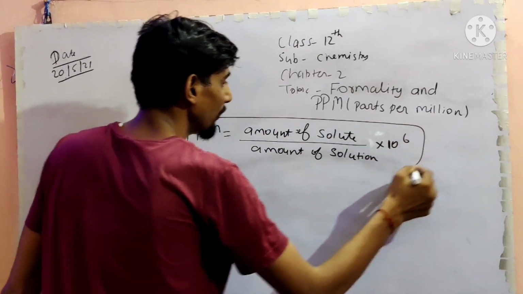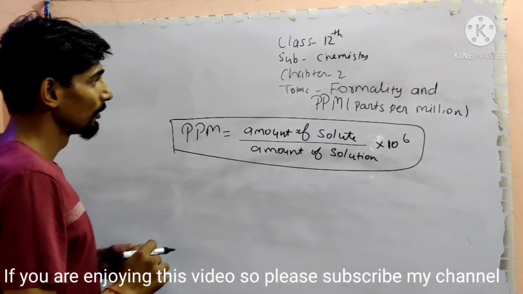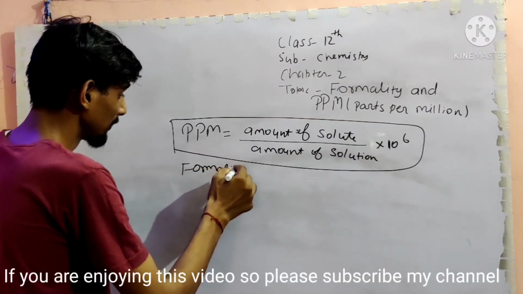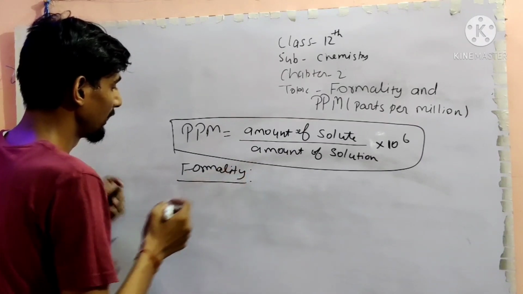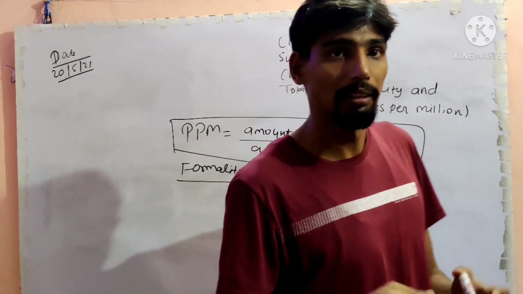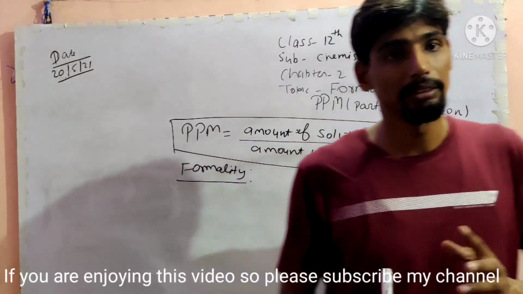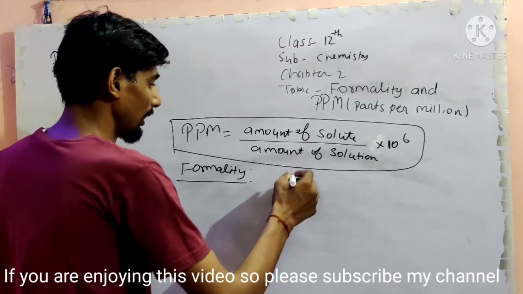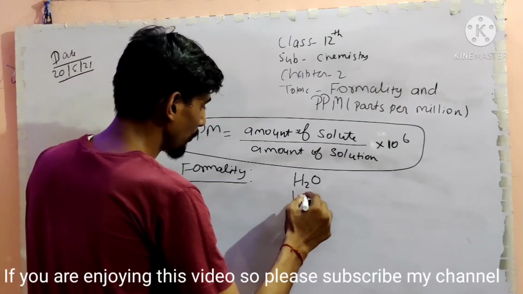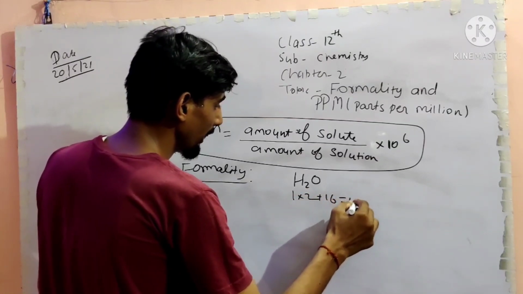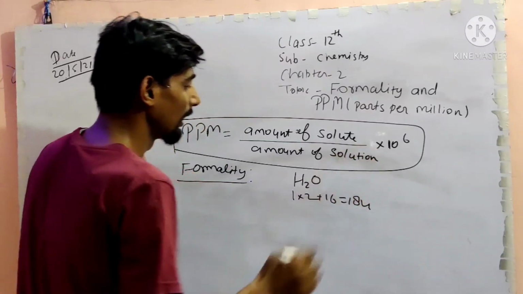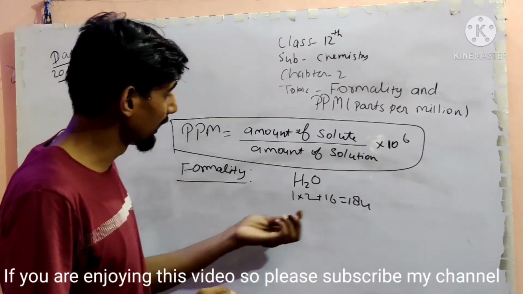Now I am going to tell you formality. Before understanding formality, you should understand what the formula unit mass is. You can calculate the molecular mass of H2O: 1 into 2 plus 16 equals 18 gram, or 18 u.